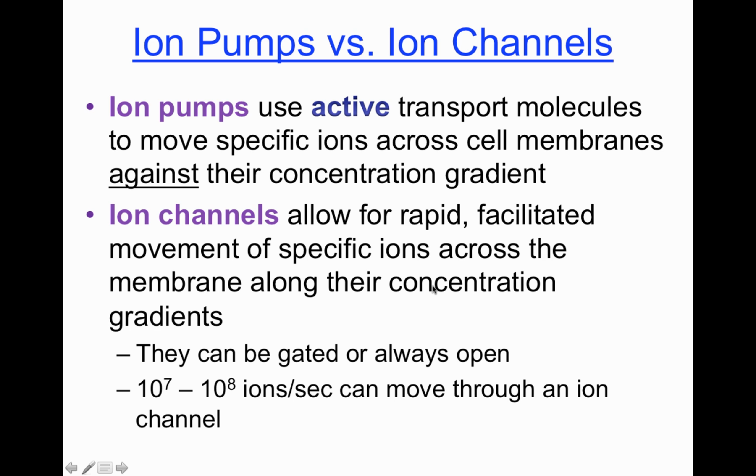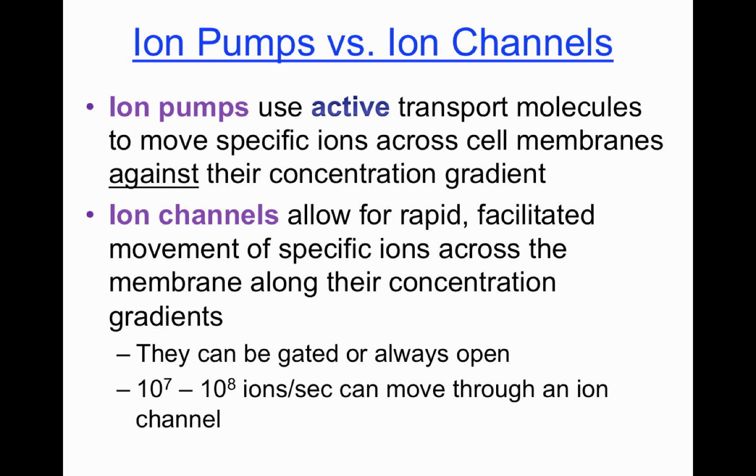Now, let's take a moment to look at the comparison between ion pumps and ion channels. Ion pumps are molecules that use active transport to move solutes, or ions in this case, across the membrane, but against their concentration gradient.